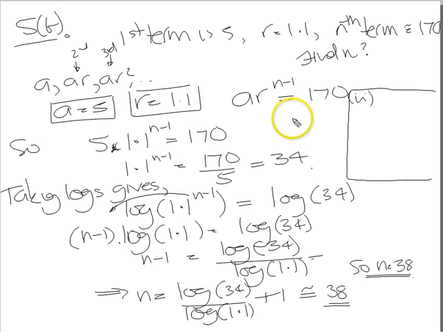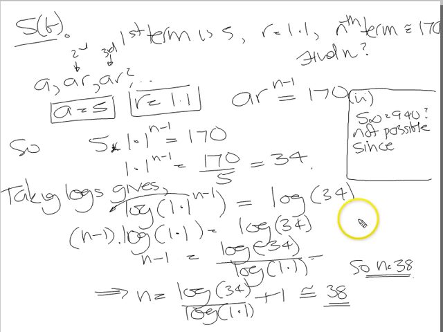So, back on our stuff. S infinity equals 940 is what David is claiming. Can that be true? Not possible. Why is it not possible? Since, well, in order to have a sum to infinity, r needs to be less than 1, doesn't it? To have a convergent series, a convergent sum.